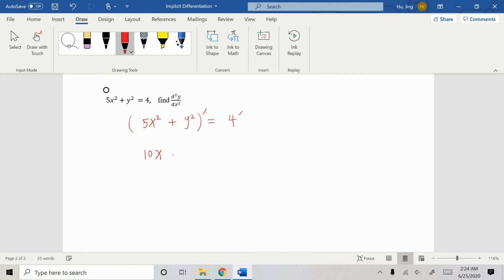And the second one, the 2 jump down, y to the 2 minus 1. So here is 1 times y prime based on the chain rule. Here is 0. Now we could get the first order derivative, negative 10x divided by 2y. So simplify is negative 5x over y.